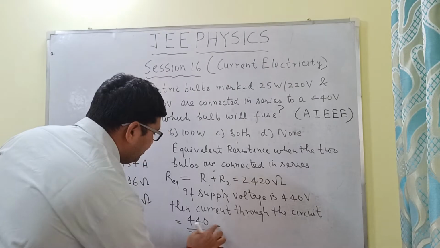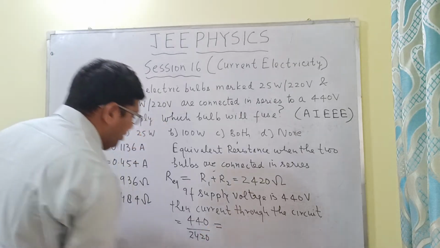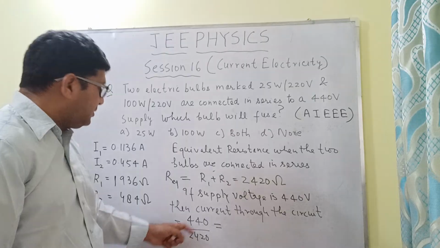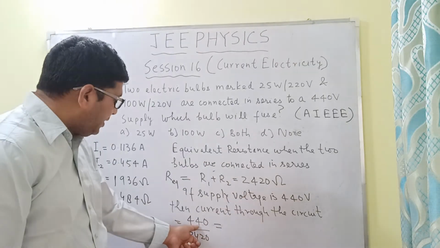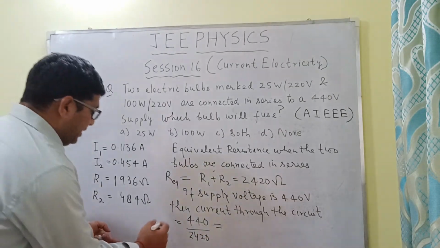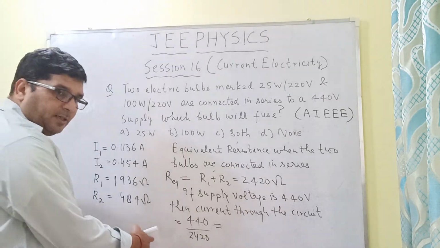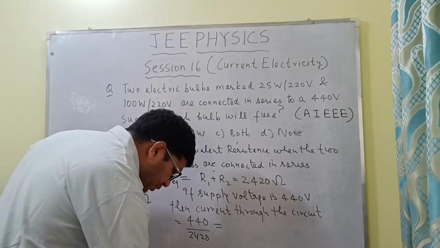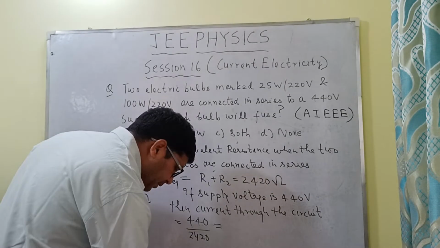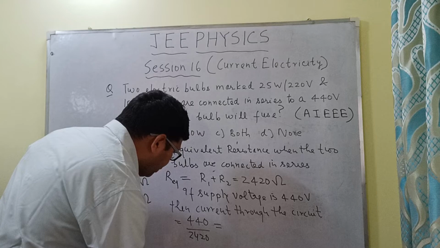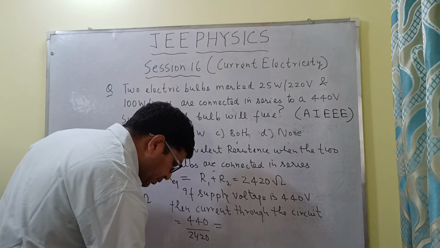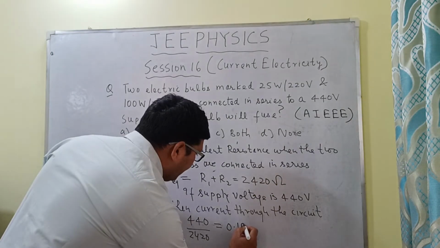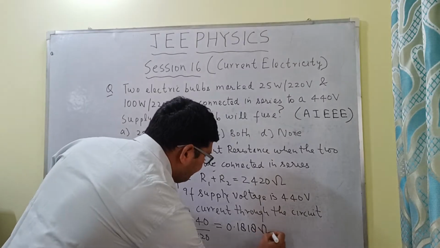So the current I is equal to V upon R. So V हमारा है 440 divided by 2420, which is equal to 0.1818 ampere. ठीक है.